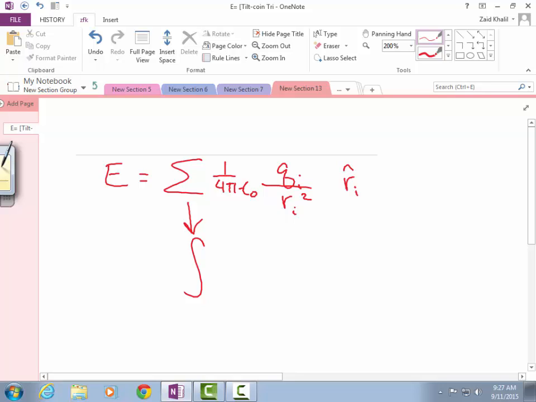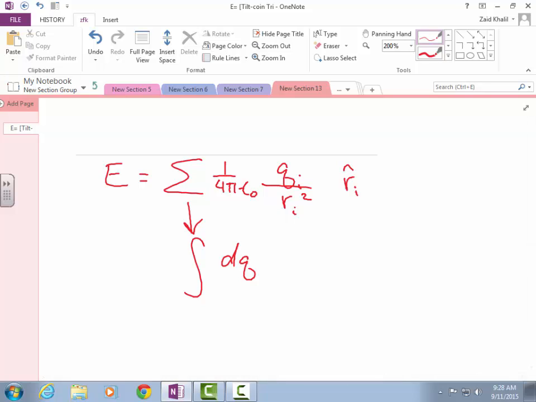And so instead of your q_i, that's going to become your dq. In other words, you're summing up over each of these little infinitesimal elements of charge. And each of those infinitesimal elements of charge are how far away from the test charge?